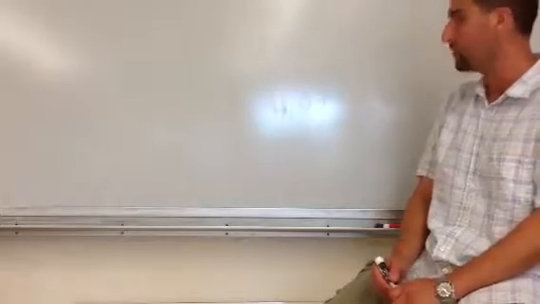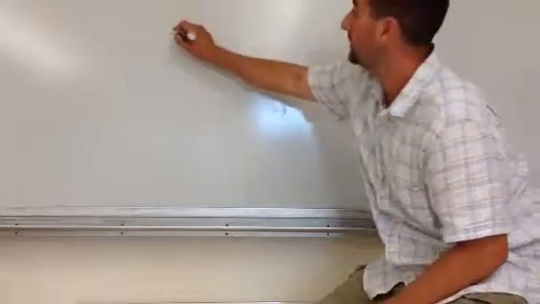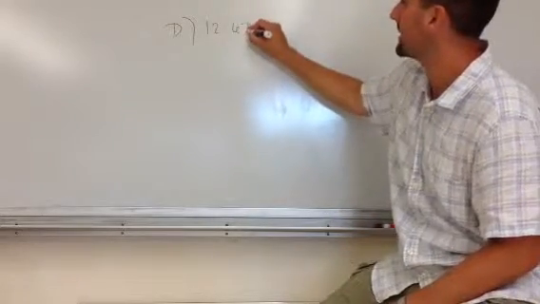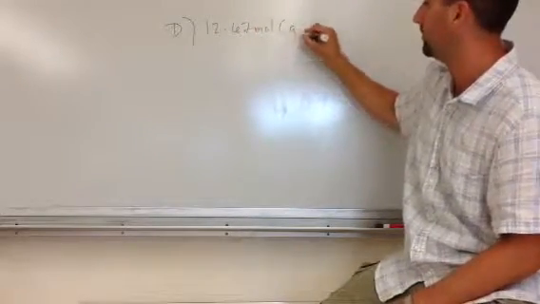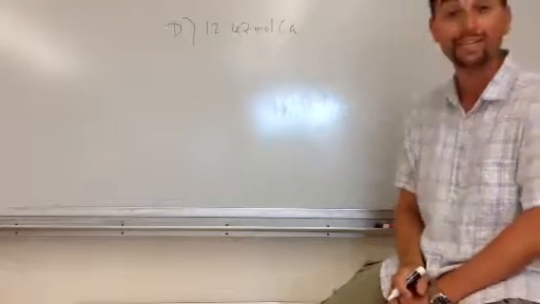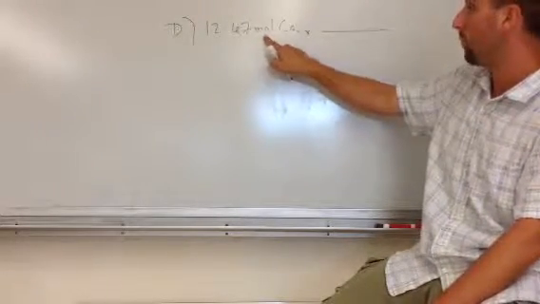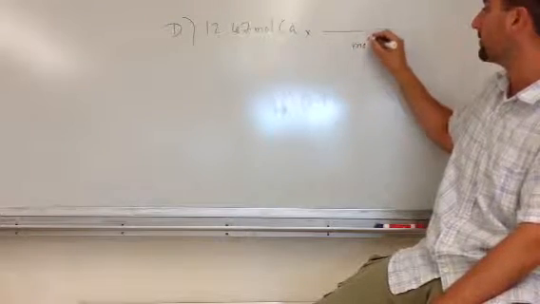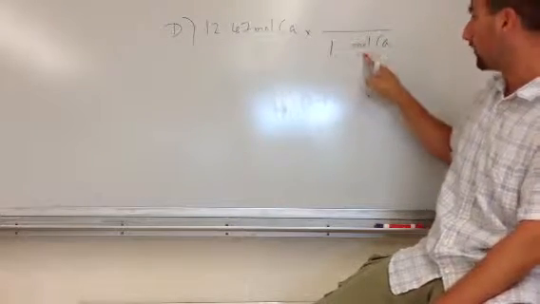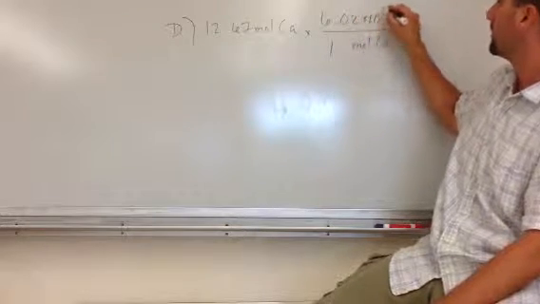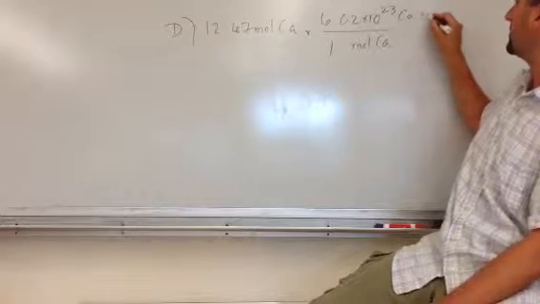Okay, these last couple of problems here, I couldn't fit on the board. So part D, if you have 12.67 moles of calcium, and you're trying to get that to atoms, once again, that's my given mole, so it has to go here to cancel. So 1 mole of calcium is Avogadro's number of calcium atoms.